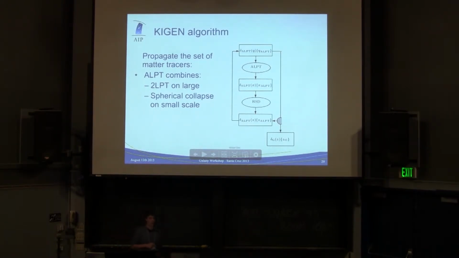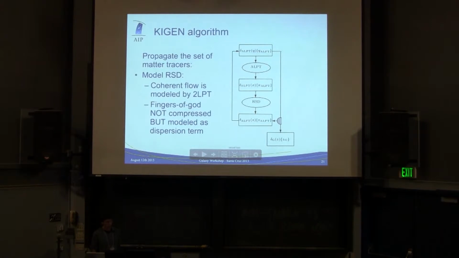And on small scales, we use a spherical collapse model because this is less prone to shell crossing, so it gives us higher accuracy on small scales. And so we can solve structure formation in this scheme here. And we also need to bring, of course, our resulting density field into redshift space.